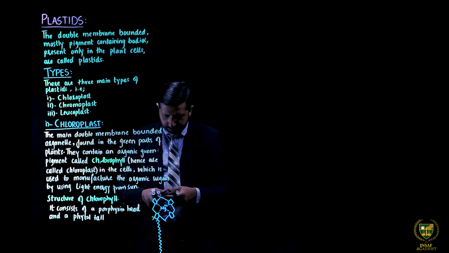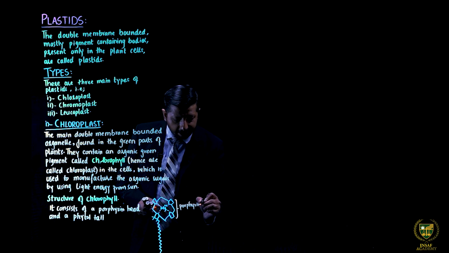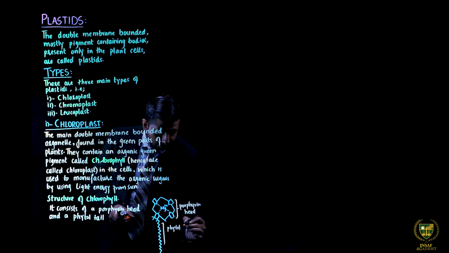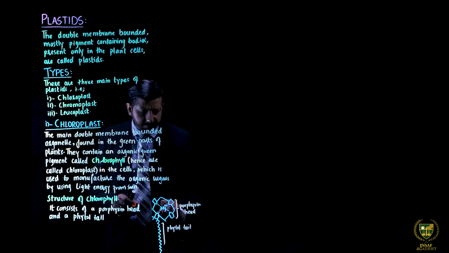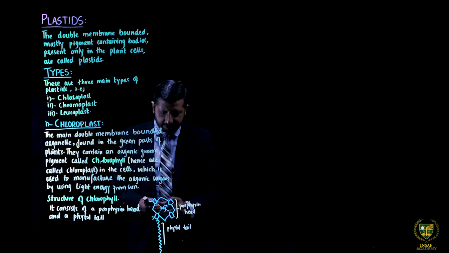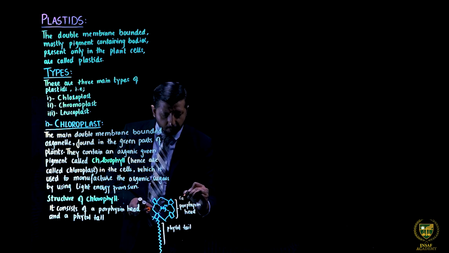So this structure is the porphyrin head, and this one is the phytol tail. Just a dummy diagram, not its detailed structure. That will be studied in chapter number 11.